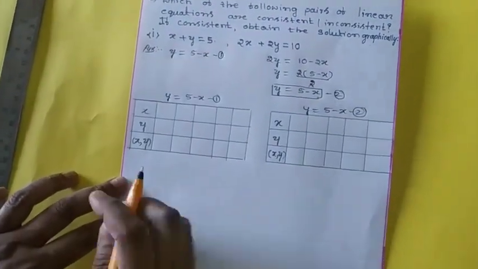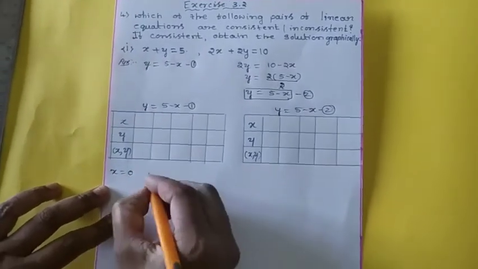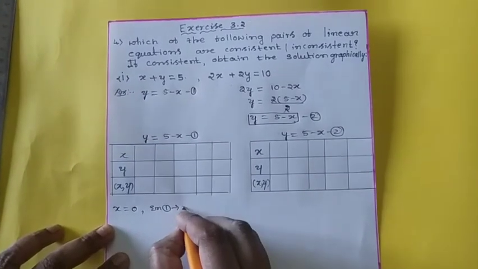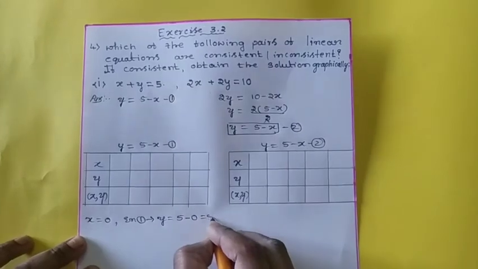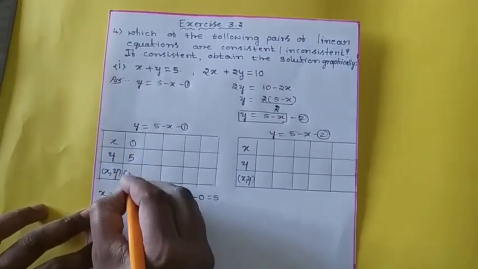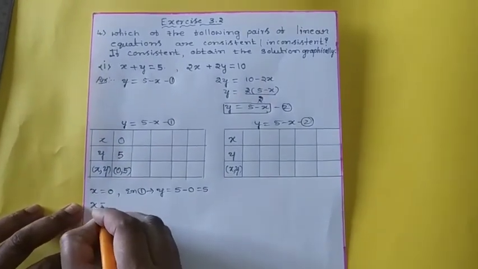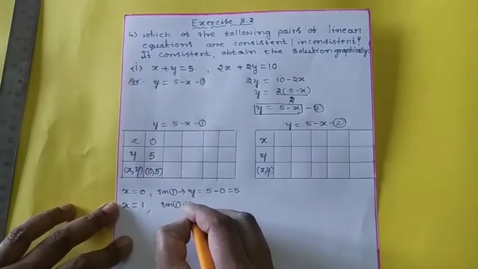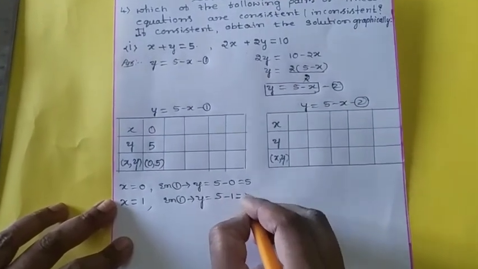Then put the value x is equal to 0. Equation 1 becomes y is equal to 5 minus 0, we get 5. Then (0, 5). Then x is equal to 1. Equation 1 becomes y is equal to 5 minus 1, that is equal to 4.